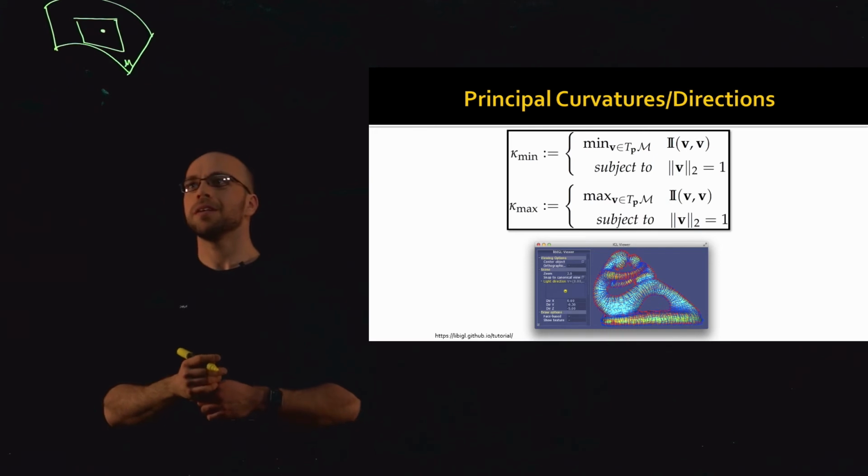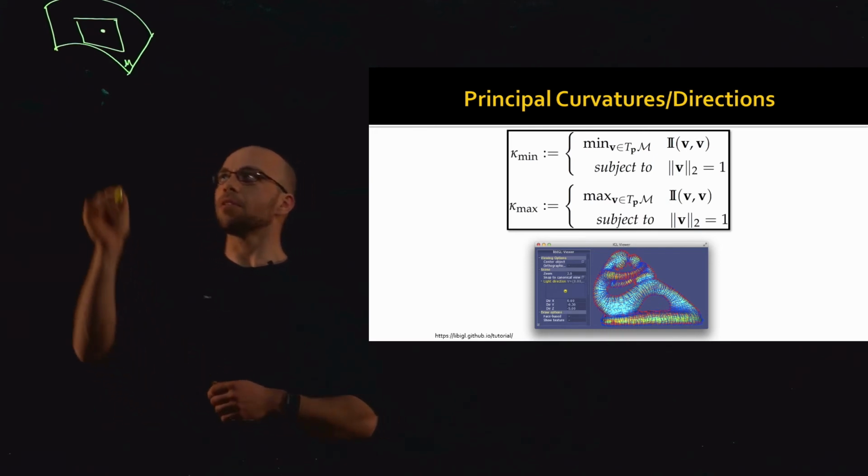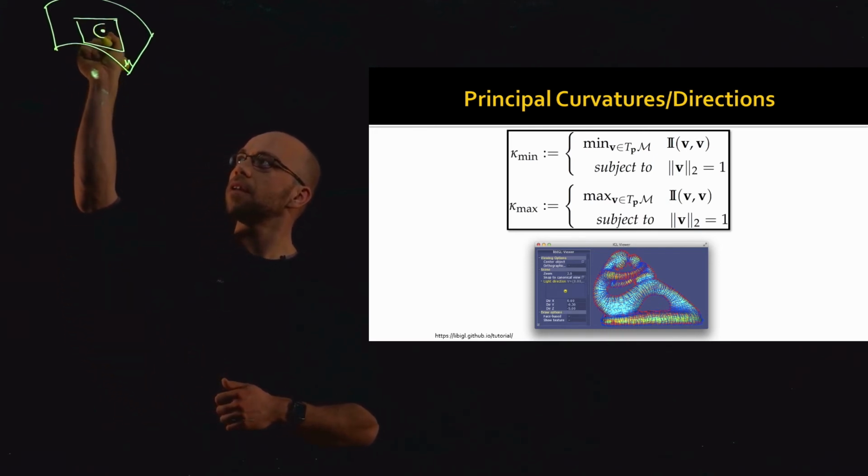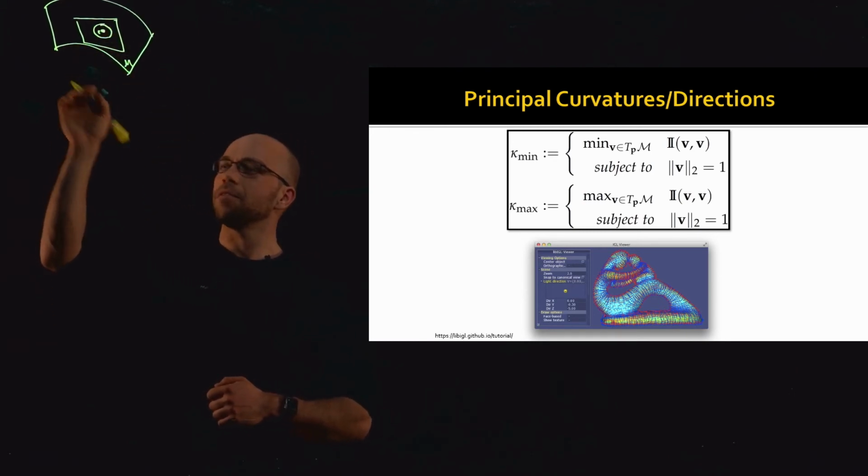Now, what am I going to do? Well, I can draw a little unit circle, like a little clock face, around my point P, and I can parameterize this with respect to angle.